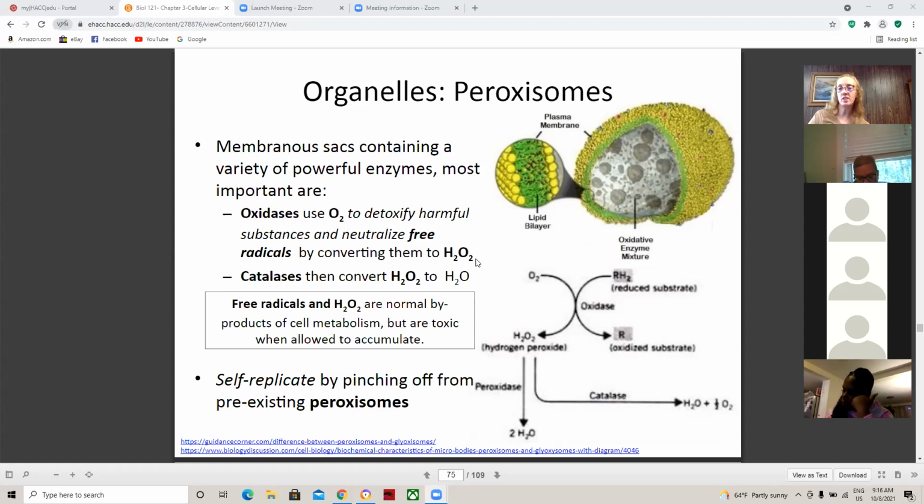Really good at destroying things, really good at sterilizing things. This hydrogen peroxide can be dangerous when it accumulates. So catalases will convert hydrogen peroxide to water.